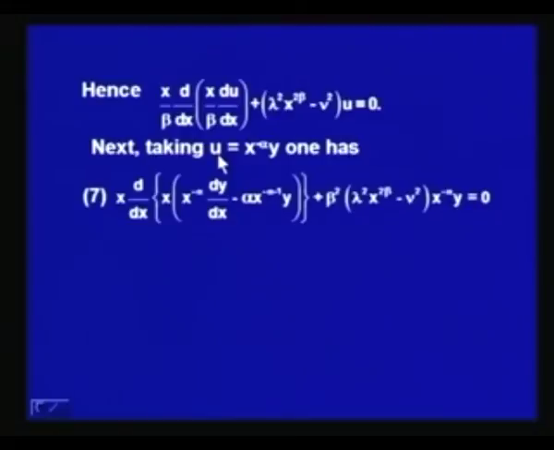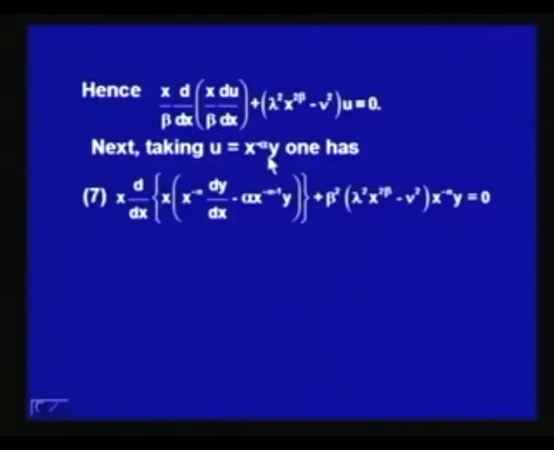In x d over dx, this beta and this beta can be combined and you get beta square. So beta square we are multiplying to this whole equation, and we get x into d over dx, then x over beta du by dx changes into x times du by dx.